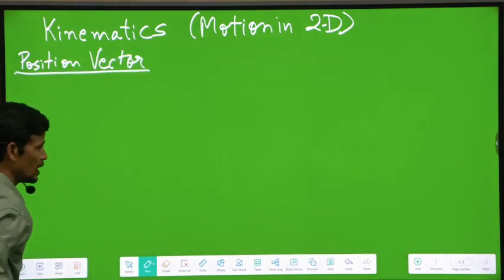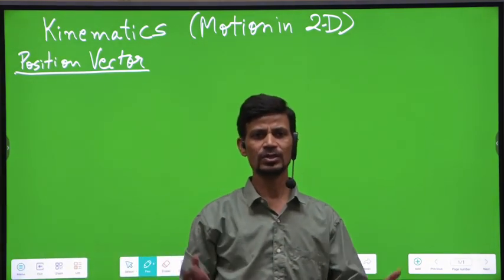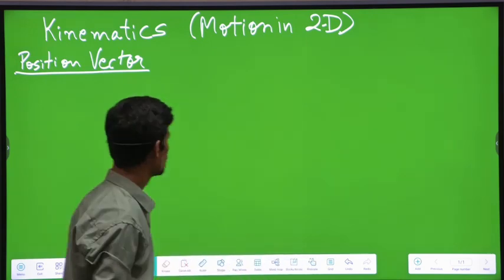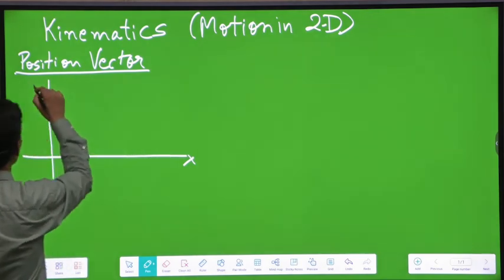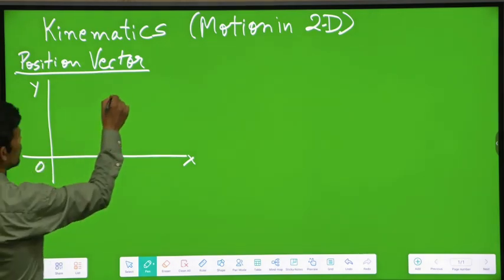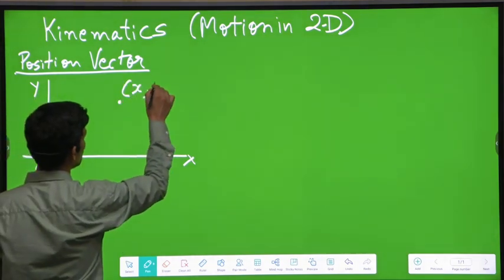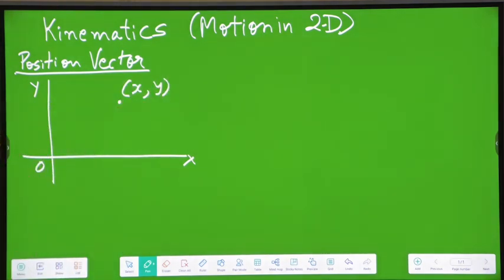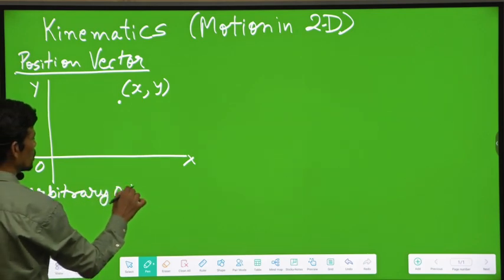Like in coordinate geometry, we assign some position with the help of some coordinates. So also in physics, we will follow the same criteria. If there is an xy plane, there is an origin, and there is a point, and its coordinates are x and y with respect to this origin, sometimes called the arbitrary origin.